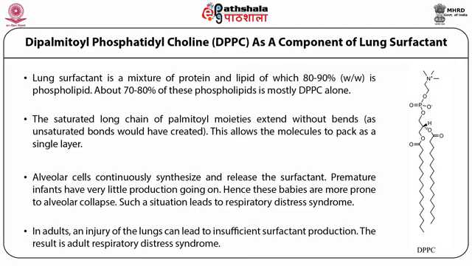The result is adult respiratory distress syndrome. In both cases, giving exogenous surfactant helps. The respiratory distress syndrome, as the name suggests, is the difficulty in breathing. So, in the structure of DPPC, the critical design is absence of unsaturation in fatty acid chains.